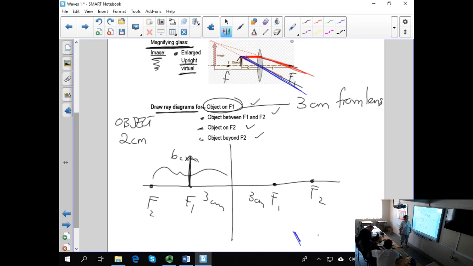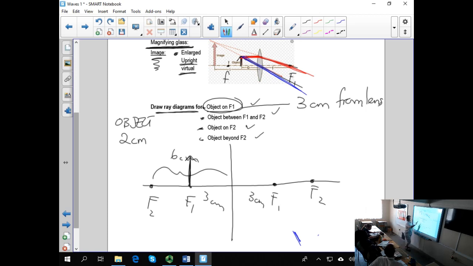The 2 rays run from the top of the object parallel to the axis, and that one is always refracted through F1, and the other ray always goes from the top of the object straight through the center of the lens. The only thing that is different is that the object is going to shift.